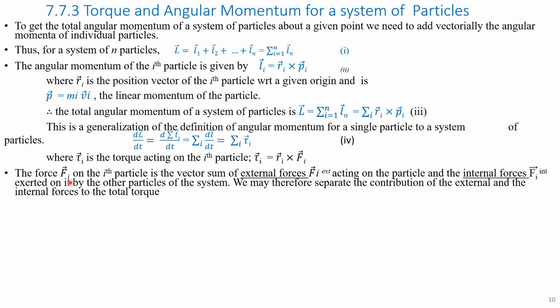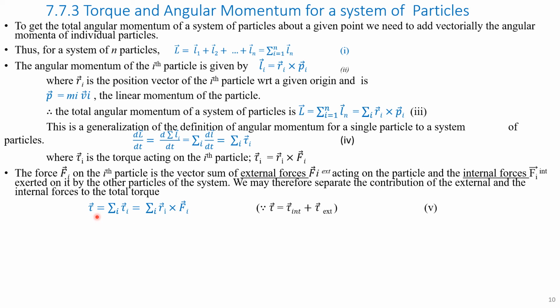Thus, the force Fi on the ith particle is the vector sum of external forces acting on the particle and the internal forces exerted on it by the other particles of the system. We may therefore separate the contribution of external and internal forces to a torque. That means tau is equal to the summation over i of tau i, which is equal to the summation over i of Ri cross Fi.